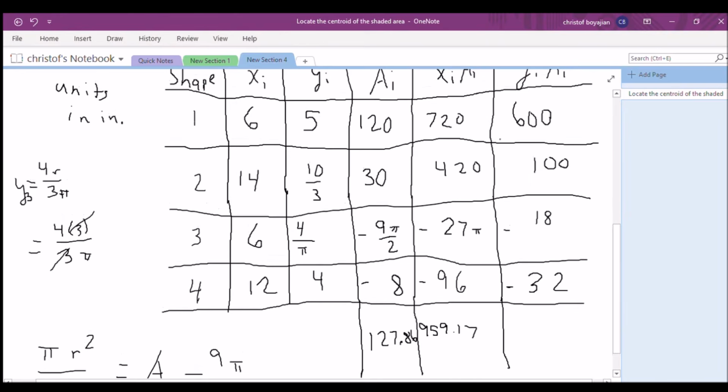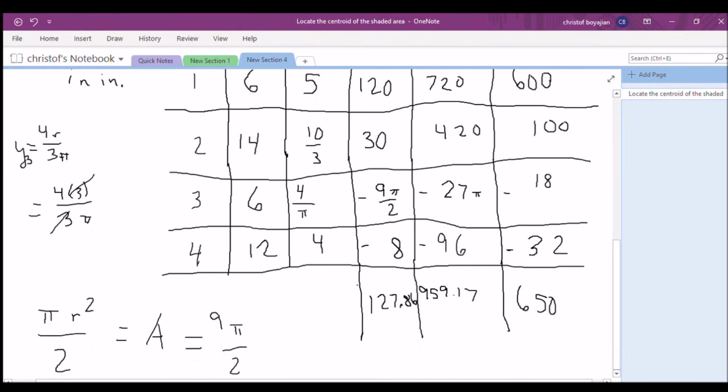And this is 600 plus 100 minus 18 minus 32. 600, oh, forgot to carry that over, 600 minus 18 minus 32, and we got a grand total of 650 over here. Now remember, this is us doing the summation of all of these. So I'm going to put a sigma right here to denote that this is what we're summing up here.